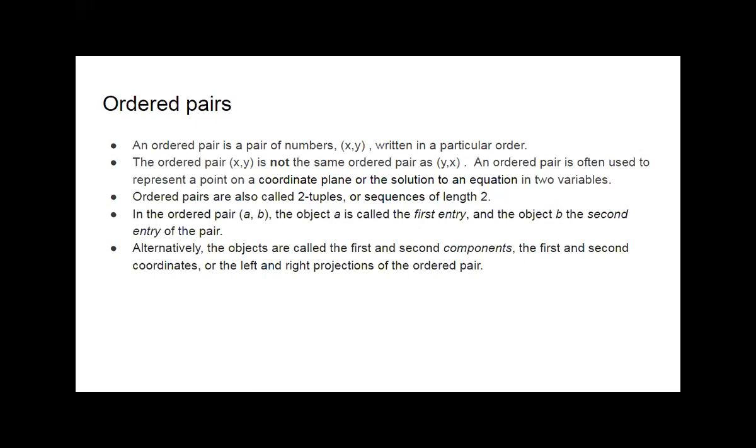In the ordered pair (a, b), the object a is called the first entry and the object b is called the second entry of the pair. Alternatively, the objects are called the first and second components, the first and second coordinates, or the left and right projections of the ordered pair.